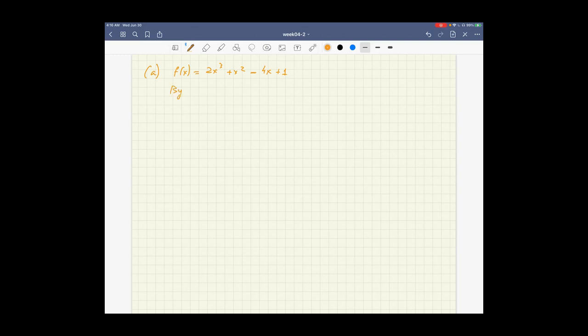And by the rational root theorem, if there exists a rational root, p over q, with p and q integers, q not 0, then the denominator q must divide the leading coefficient 2, and the numerator p must divide the free term 1.